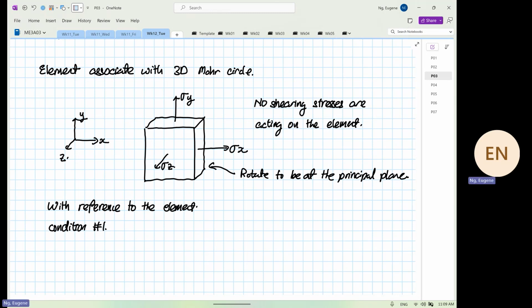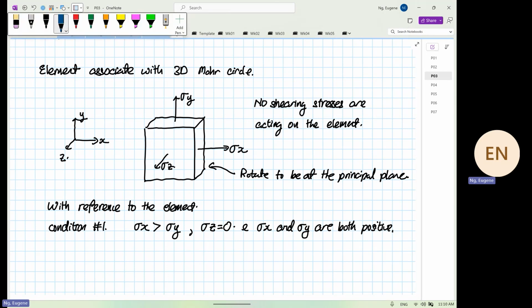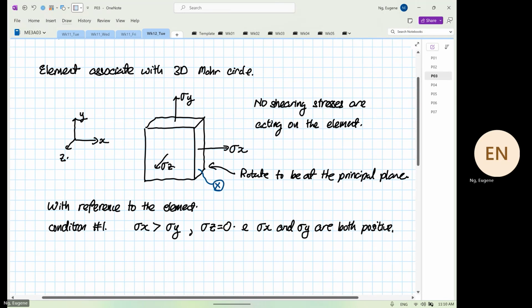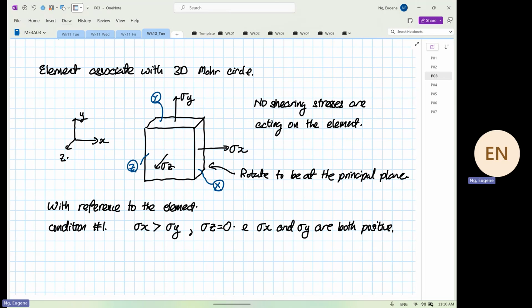Condition number one is such that stress X is greater than stress Y, and stress Z is equal to 0, and stress X and stress Y are both positive. So that is our condition number one. Now I'm going to label this as my point X, over here is our point Y, and over here is our point Z.